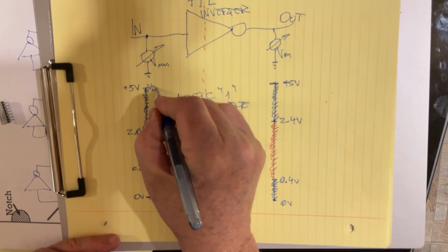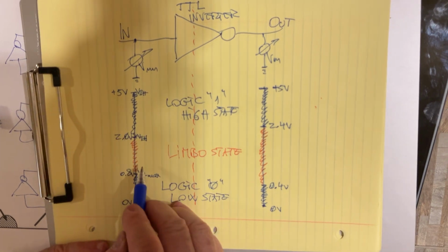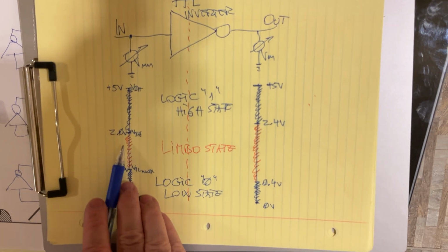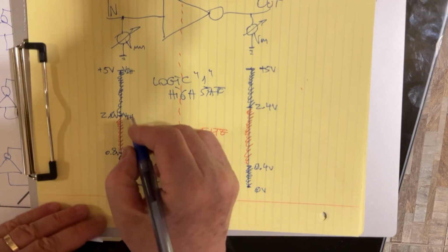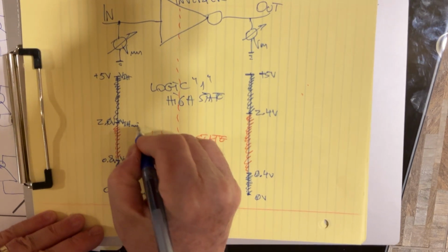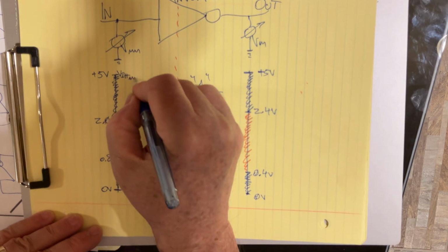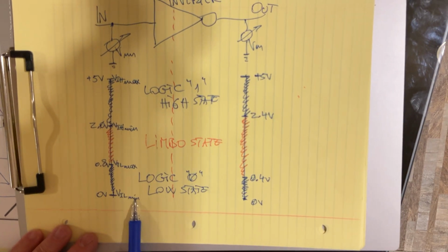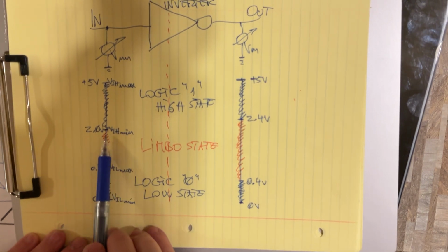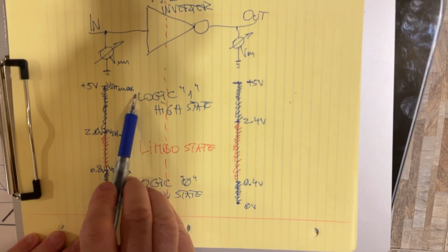So the letter is H, VIH for both. And 2 volts is the minimum voltage considered good enough to be a logic 1. So this is the minimum, MIN, and this is the maximum. So here you have VIL minimum, VIL maximum, VIH minimum, and VIH maximum.